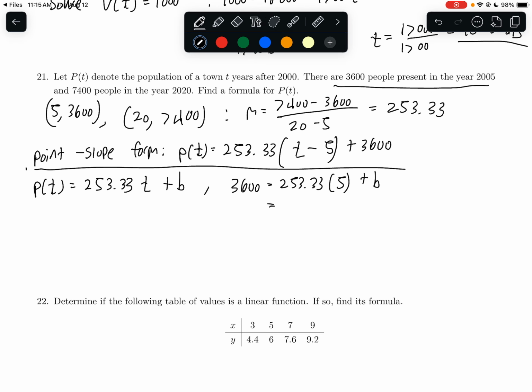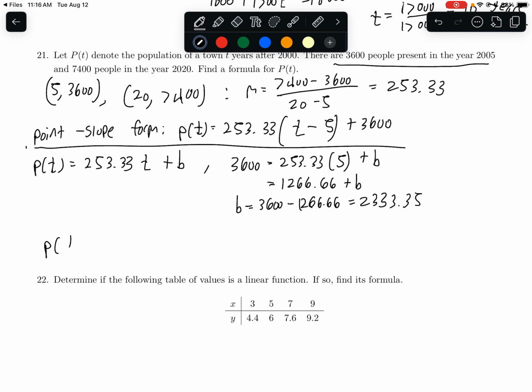well, we can multiply these numbers out. So 253.33 times 5 is 1266.66 plus b, and then this means that b is 3600 minus 1266.66, and there are a lot of threes in this question, 2333.35, and this means that the formula is 253.33 t plus 2333.35.